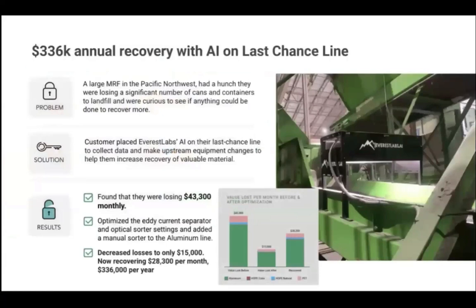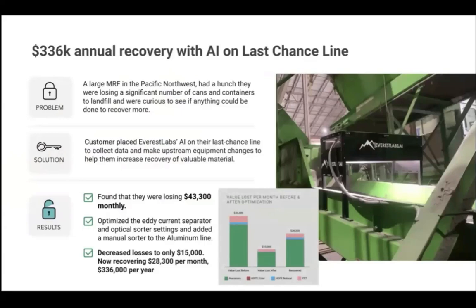Thanks, Katie. So for our first case study, we are going to visit a MRF in the Pacific Northwest. This MRF wanted to know the volume, value, and types of material they were losing to landfill from their last chance line and wanted to use this data to find ways to help increase material recovery.